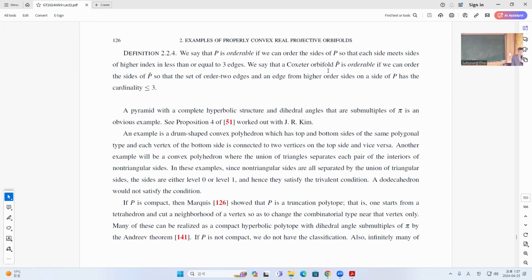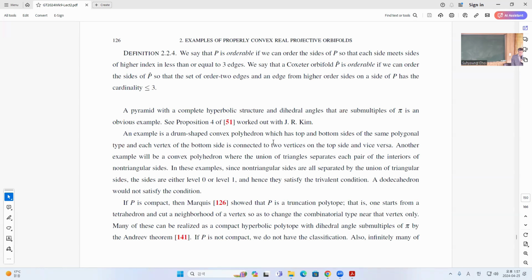In the orderable case, orderable means that for the three-dimensional case, you can order the faces so that each side meets higher index ones in less than 3 edges. And if the orbifold is orderable, furthermore, if you take the union of the set of order 2 edges and the edges of higher order, the cardinality is less than 3 edges. Okay.